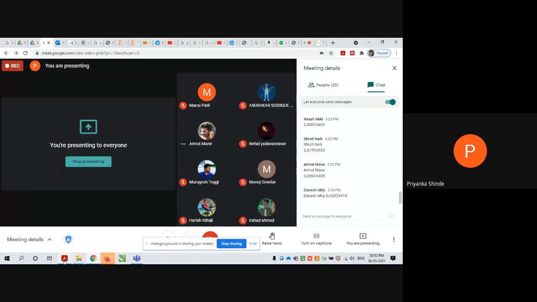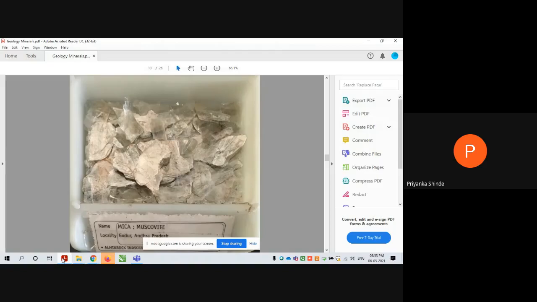When you release the pressure it will regain its shape. That is called, yes, elastic tenacity. So that is the special property of mica. It is elastic. Then the form is foliated. Foliated means layered.